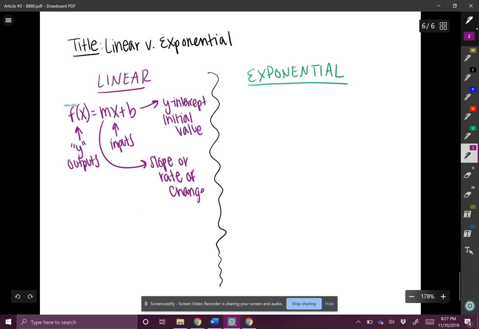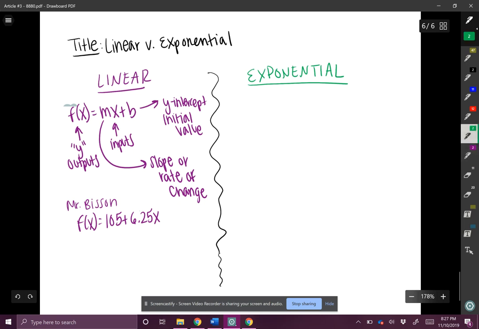The most recent example I can give for a linear function is the detention buyout task. For example, if we think of Mr. Bisson and his function for his detention buyout plan, it was f of x equals 105 plus 6.25x.